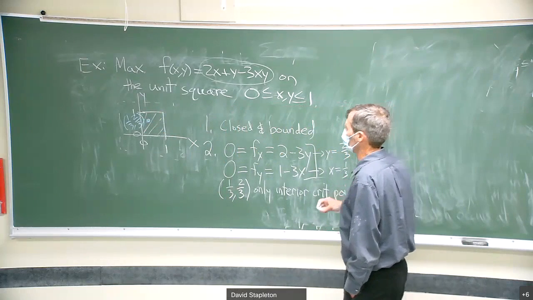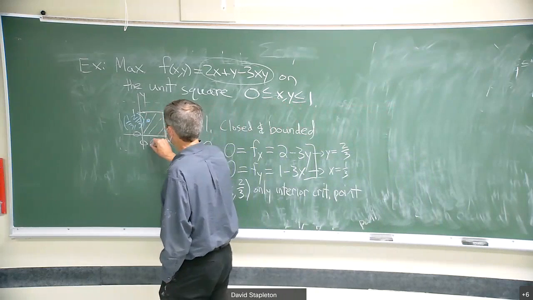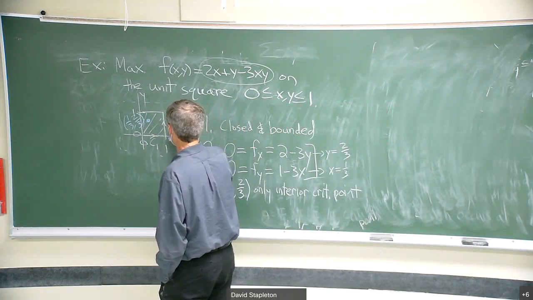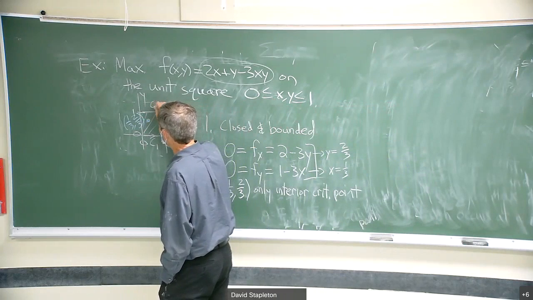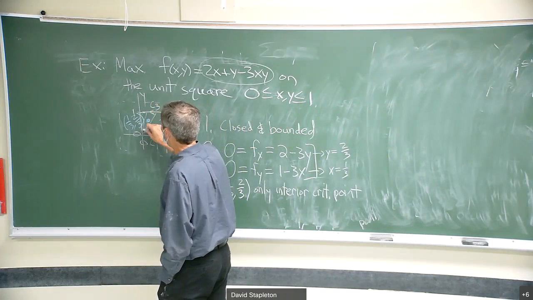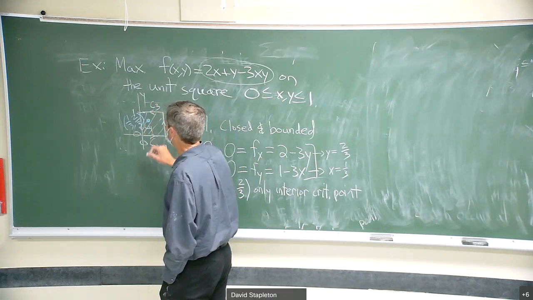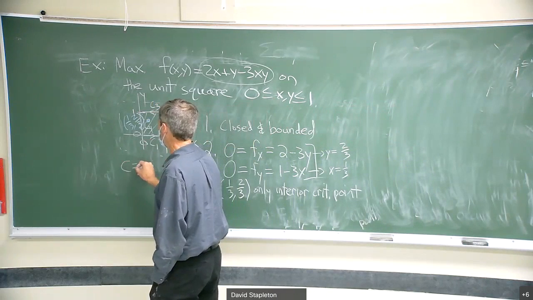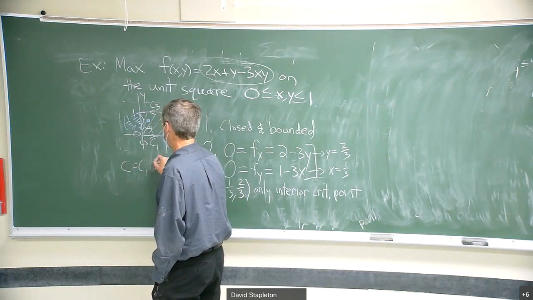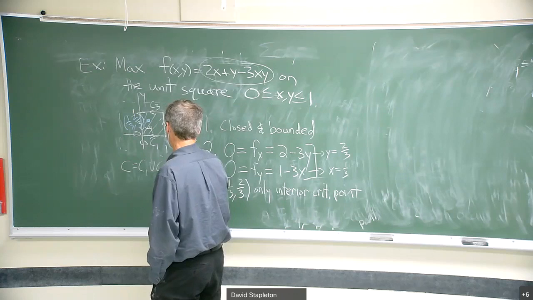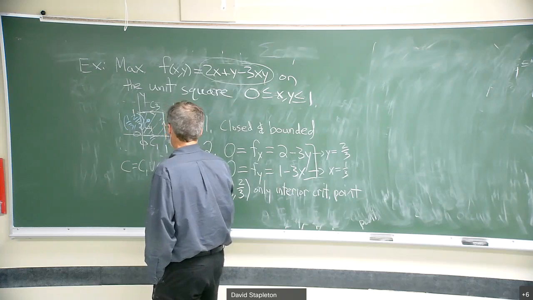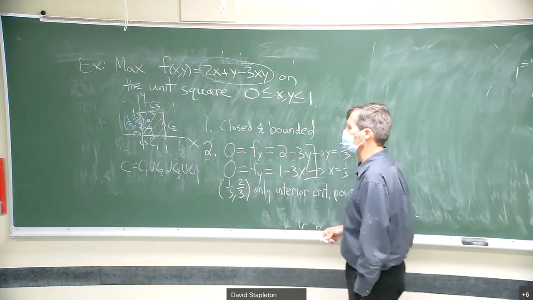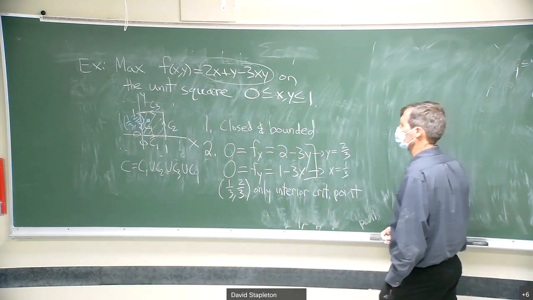So what I'll do is break this up into 4 pieces. C1 is this piece. We could say C2 is this piece, C3 could be this piece, and C4 could be this piece. And the boundary curve C is the union of these 4 curves. If I write parametric equations for all 4 of those, I can find all the critical points of the boundary that I need to check.